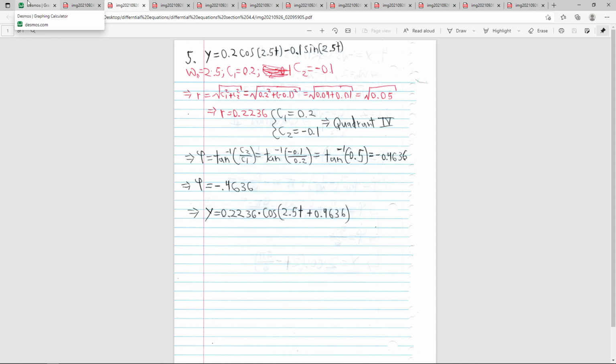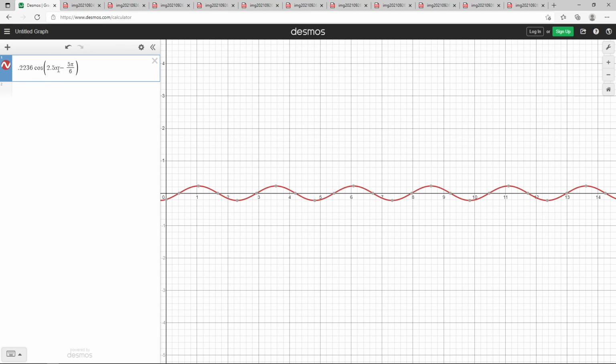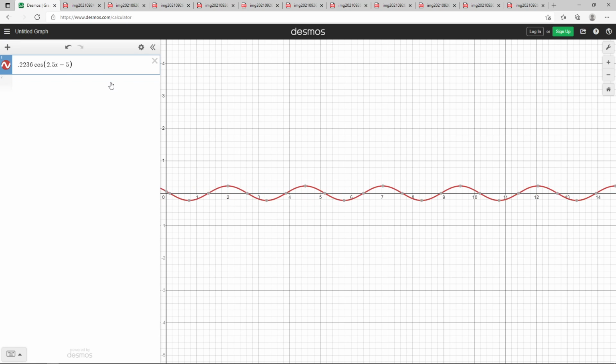We enter this in very carefully. The reason we don't have it in terms of pi is that there is no exact pi analog for this.